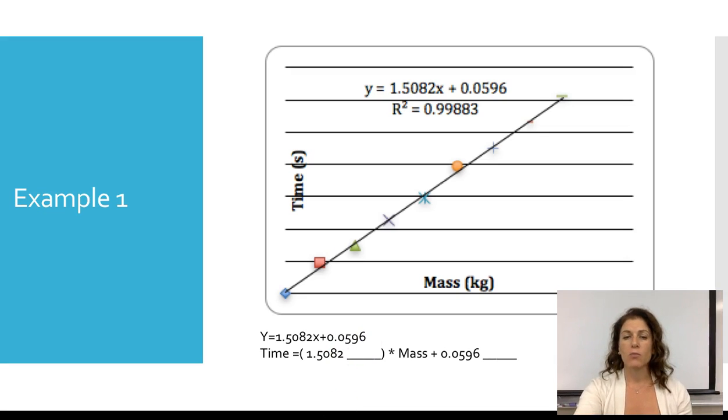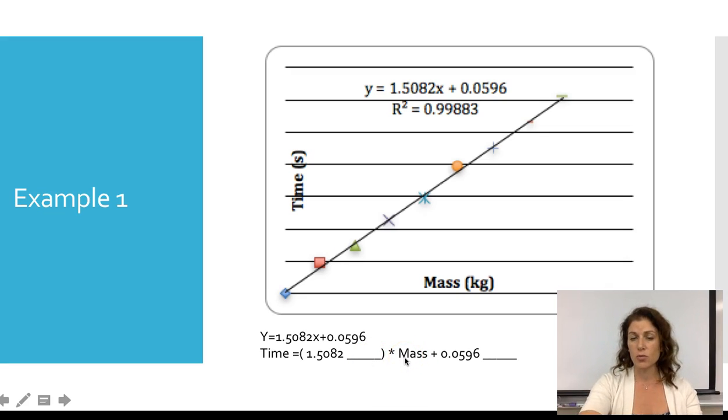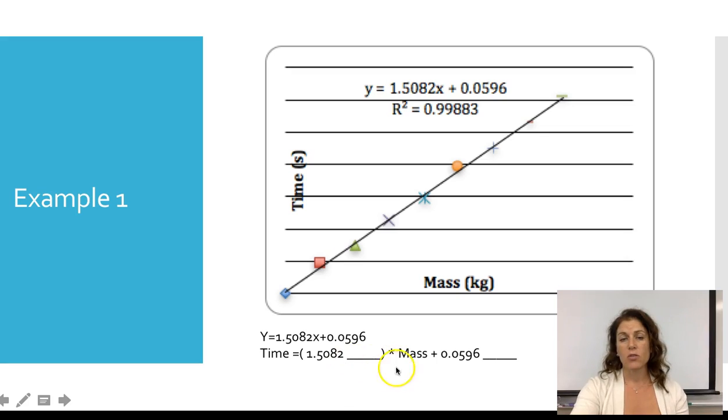So how do we do that? Well, we always put the unit for the y-axis, for time, first. So you'd put seconds here and seconds there. The second step is to put the units if there's a variable next to the coefficient. So the first term here has mass next to it.